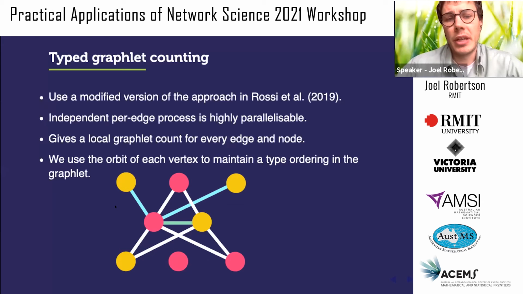Another benefit of this approach is that it gives us a local graphlet count for every edge, and by extension every single node, so we can work out the graphlets that it itself is involved in. It also allows us to run the whole process in parallel, because each edge process is really independent of the other.